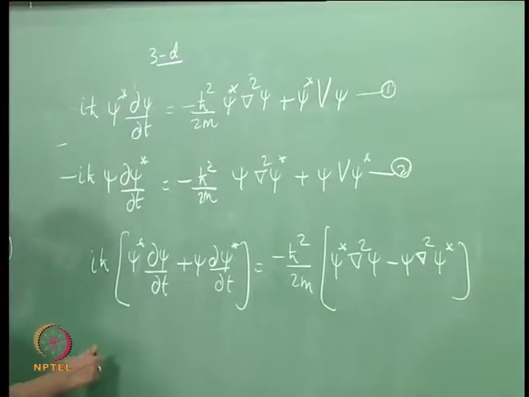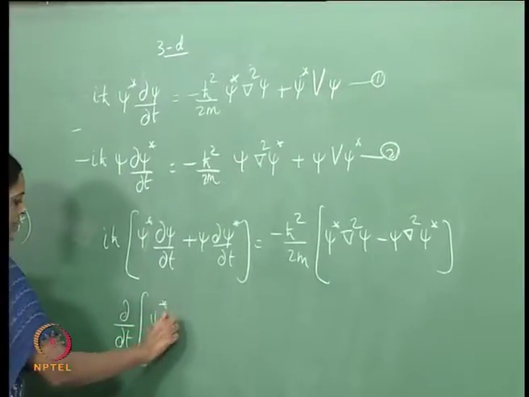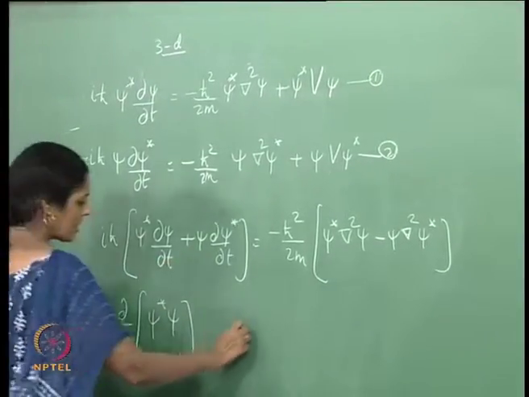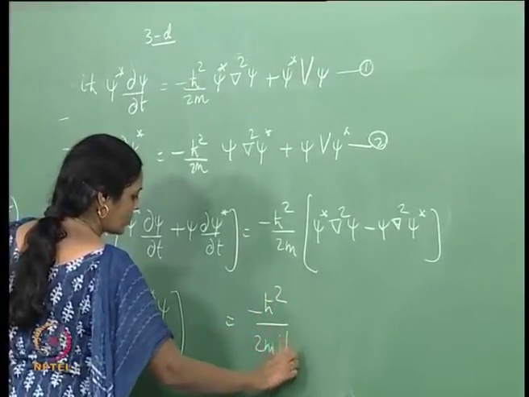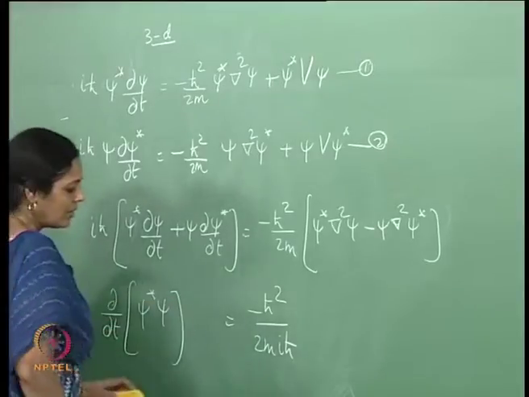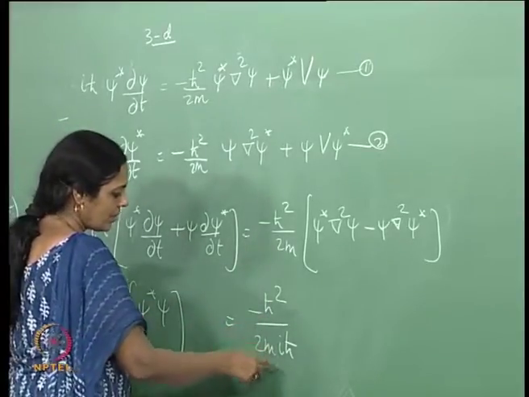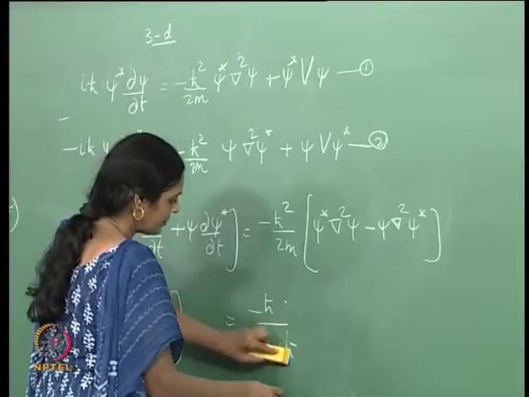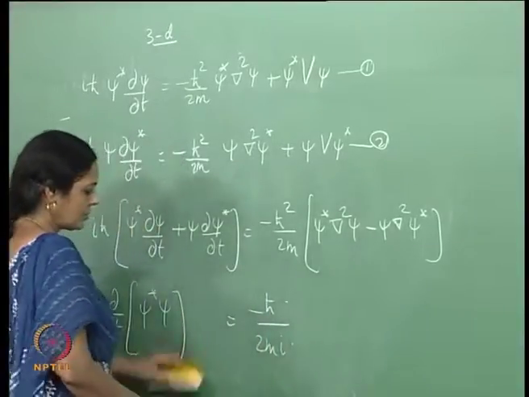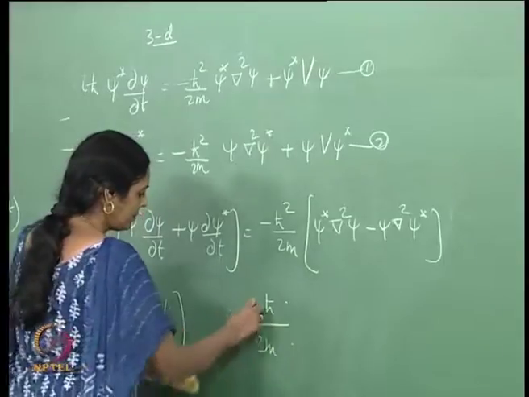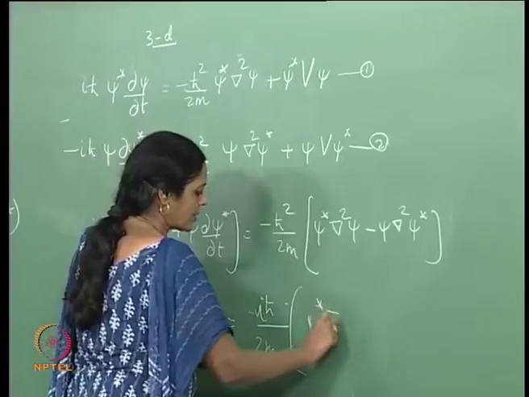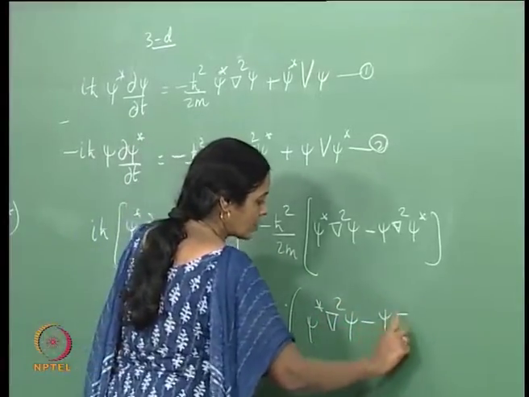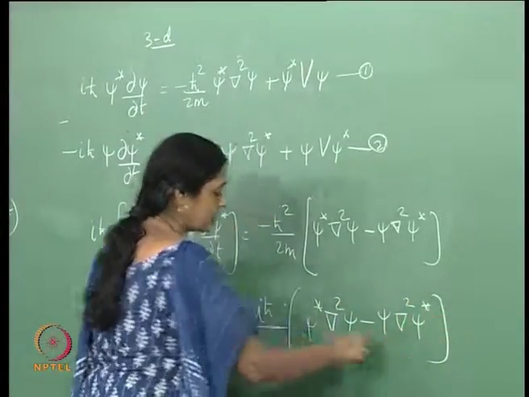I can always write this as delta by delta t of psi star psi, that takes care of these two terms. Dividing by i h-cross gives me an i h-cross by 2m times psi star del squared psi minus psi del squared psi star. This is what I have.